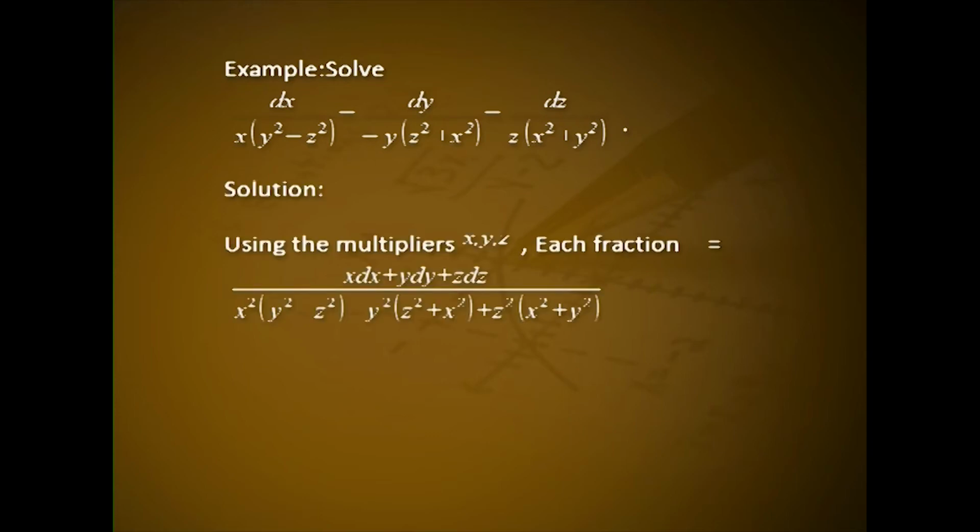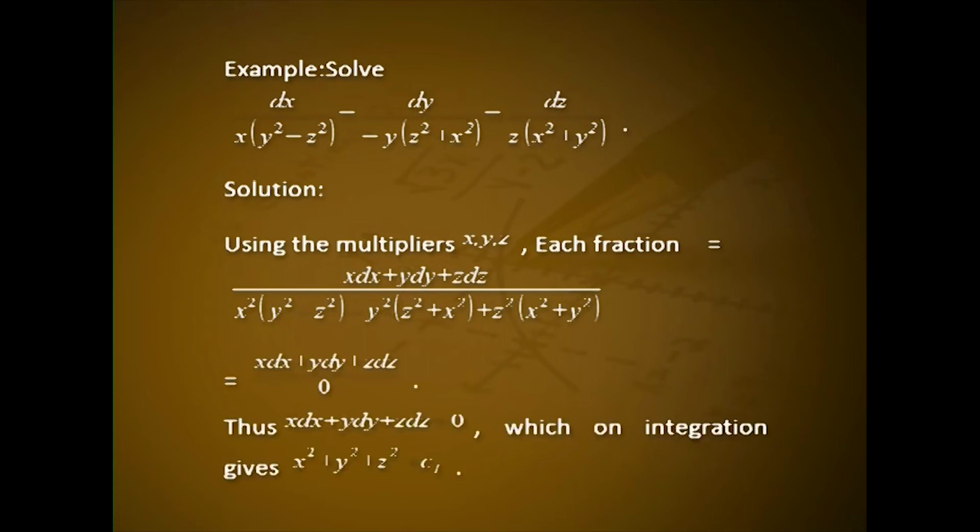Using the multipliers x, y, z, each fraction is equal to x dx plus y dy plus z dz all divided by x square into y square minus z square minus y square into z square plus x square plus z square into x square plus y square, which is equal to x dx plus y dy plus z dz all divided by 0. Thus, x dx plus y dy plus z dz is equal to 0, which on integration gives x square plus y square plus z square is equal to c1.